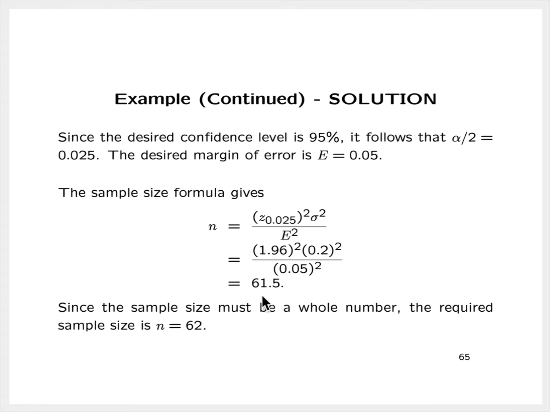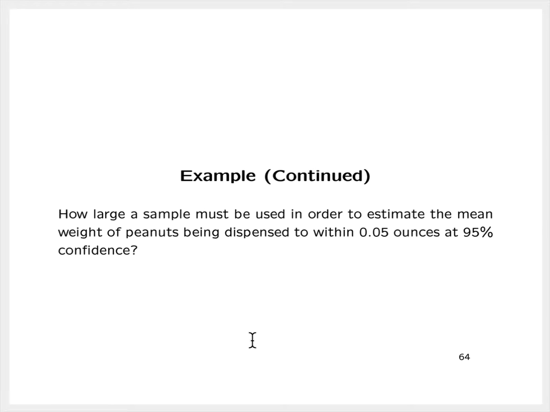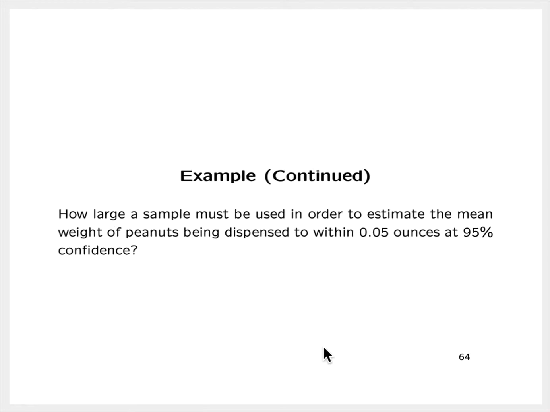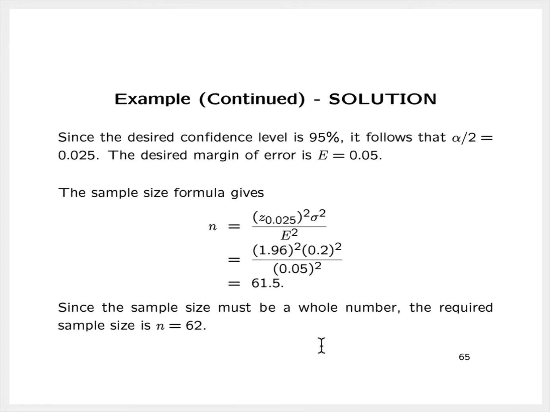Now, even if this had given us a sample size value of 61.1, let's say, we would not use 61. We would go up to the next larger integer. And so we would use a sample size of 62, and if you calculate the margin of error, you're going to see that that does in fact give us a margin of error of no more than 0.05.